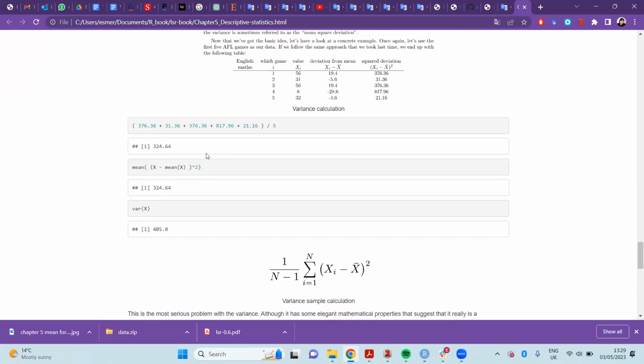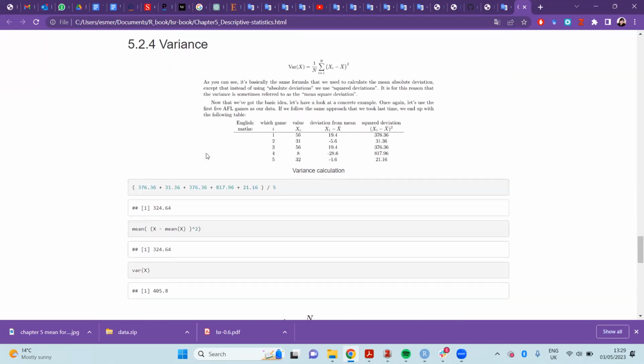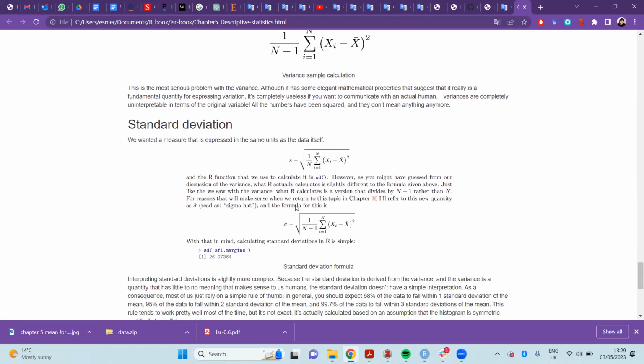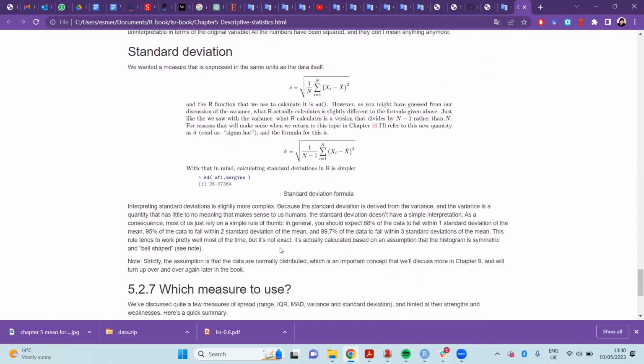One problem with the variance is that it gives us very large numbers that are not easily interpretable, as they are not in the same units that we had at the beginning. That's why it's usually preferable to use standard deviation.